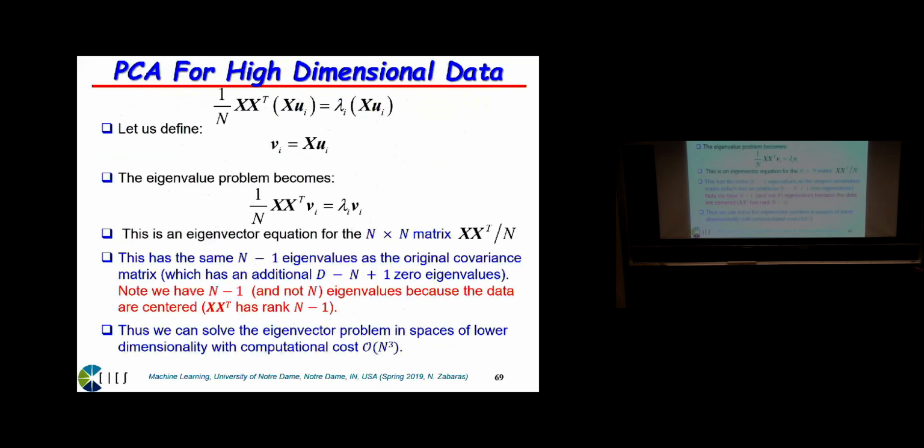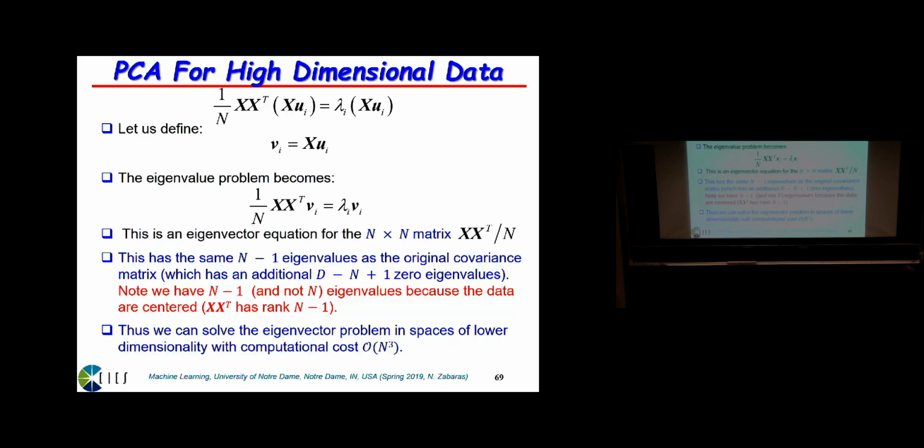Obviously you will solve this problem because of much less dimensionality. So N can be 1,000, but D can be 1,000,000. So you solve this, you normalize v_i, all right? And by the way, this has only at most N minus 1 non-zero eigenvalues, all right? That's what you need to compute.